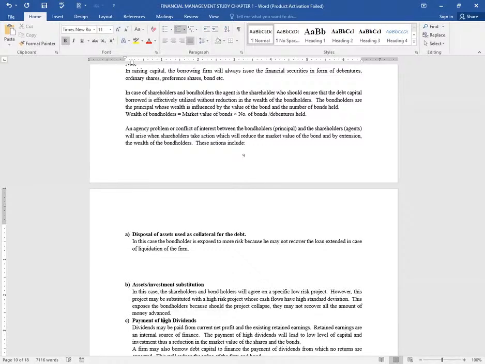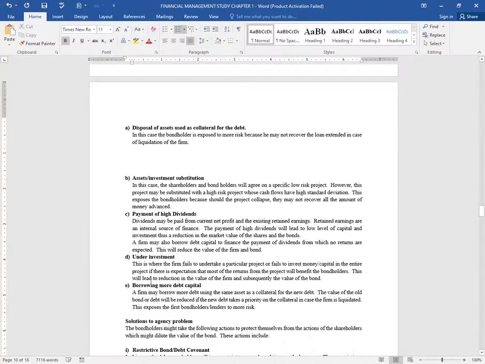The creditors would want to safeguard their interests first. They would want you to portray the ability to pay them their interest in future forever. And one of the things they'll tell you is never pay more than this percentage as dividends. And of course, if you do that, then you will be at conflict.